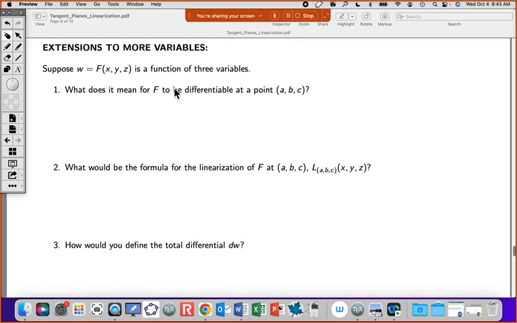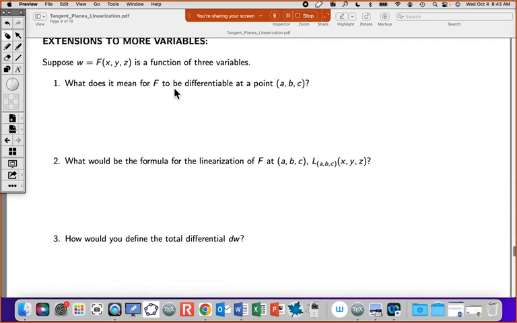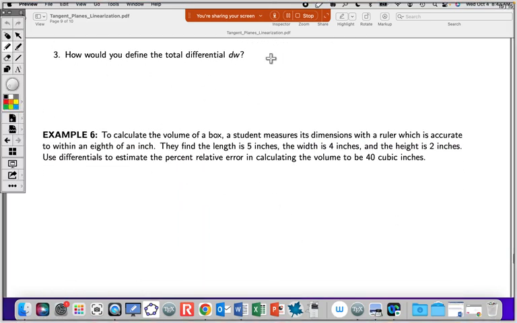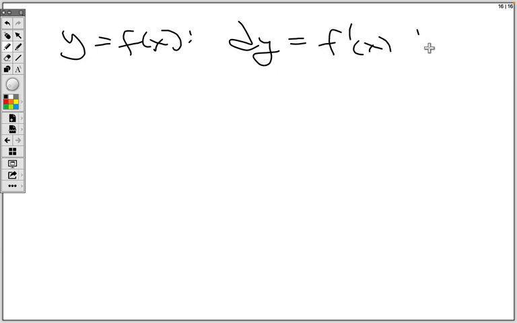All right, extensions to more variables. We talked about 1 and 2 yesterday. What about the total differential dw? So if we have w as a function of x, y, and z, how would you generalize the notion of dw? So once again, in one dimension, if y is equal to f of x, dy was f prime of x dx.